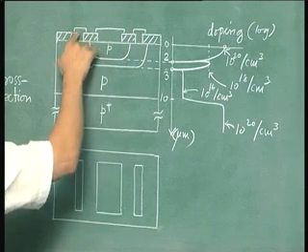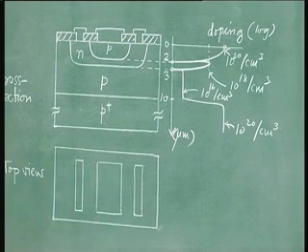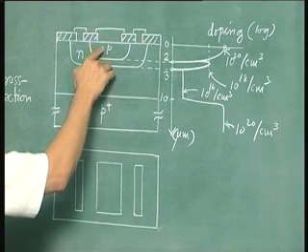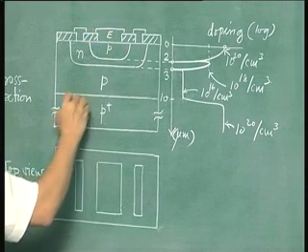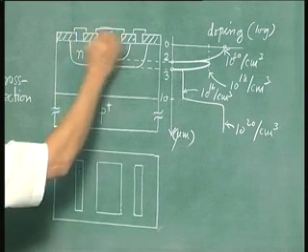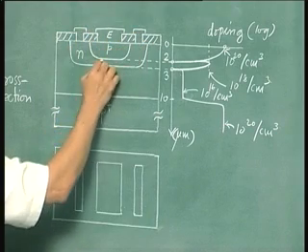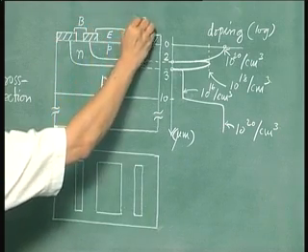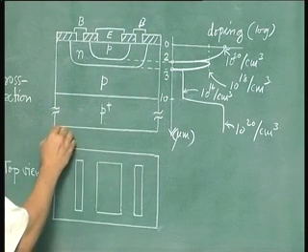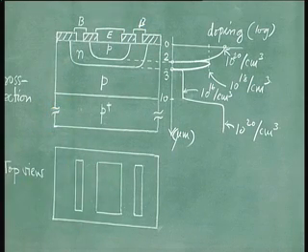And these contacts are what are shown here. So this is the emitter contact, and these two are the base contacts, because this is the base region, and the collector contact for this particular transistor is at the bottom.